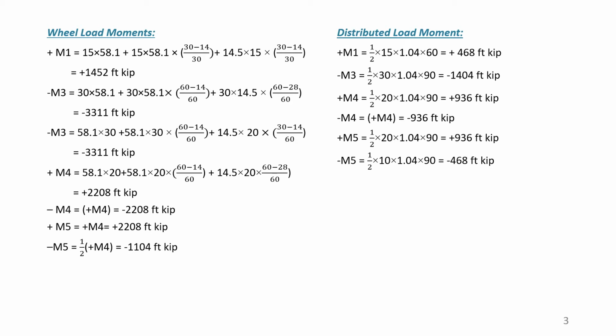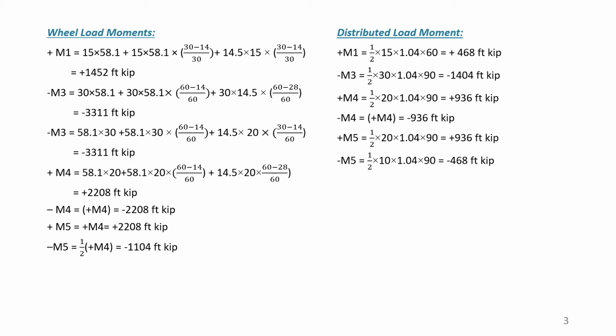There is a mistake, I believe. 16. 30 minus 14, 16. Calculating this and multiplying and adding, doing the arithmetic, we got a value of 14.52 kip feet.